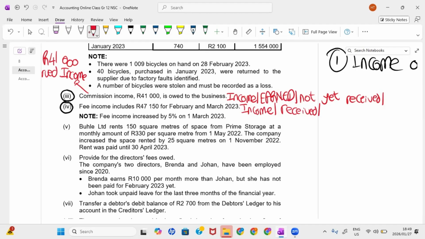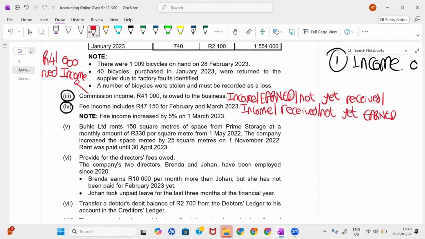It still has to happen. We still have to earn it. So it's income received, however, not yet earned. We have not earned this income. However, we have received it. We have received the income, but we have not earned it.